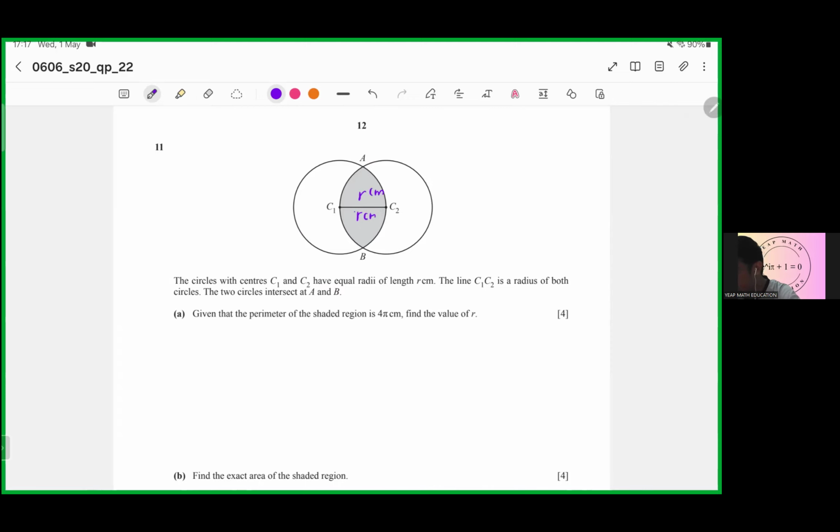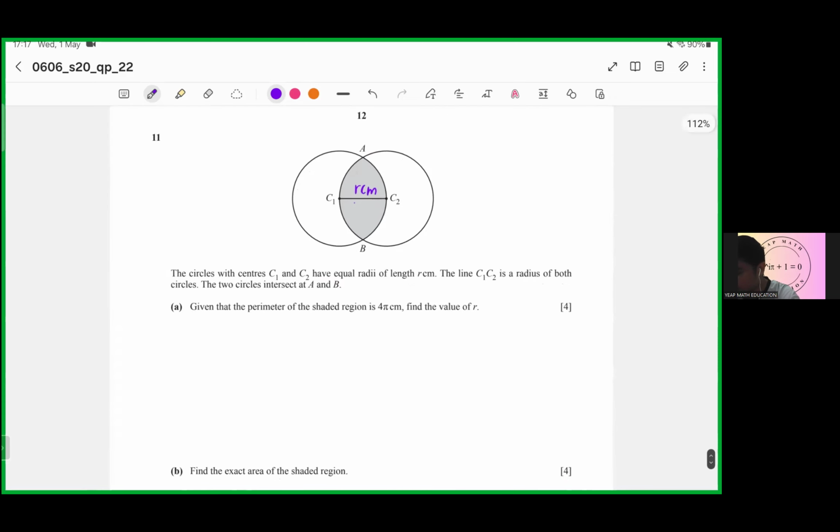The line C1C2 is a radius of both circles, it means here is the same, r cm. And the two circles intersect at A and B. Given that the perimeter of the shaded region is 4 pi cm, find the value of r.